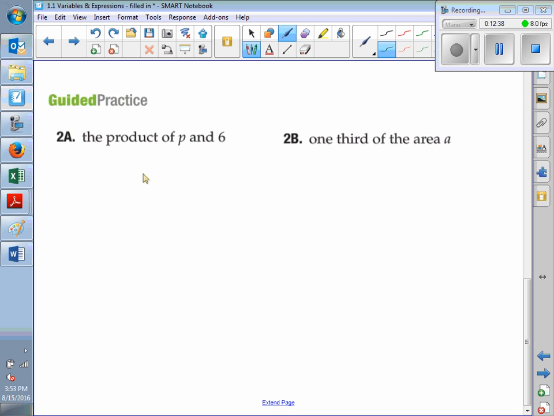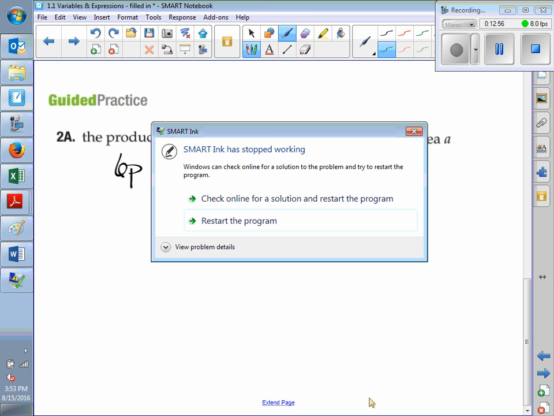That's called the coefficient, right? So, we've got 6p. How about 1/3 of the area A? Very similar to the other one. 1/3 A. And that's all there is to it. Pretty simple, right?